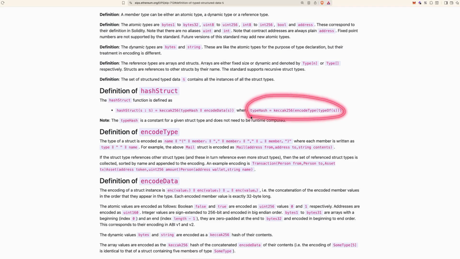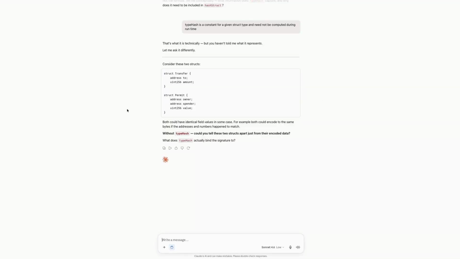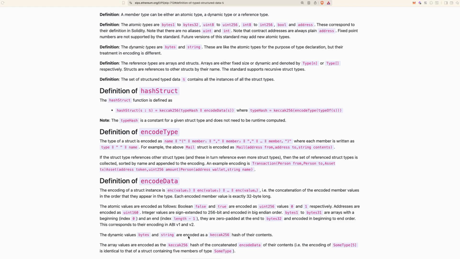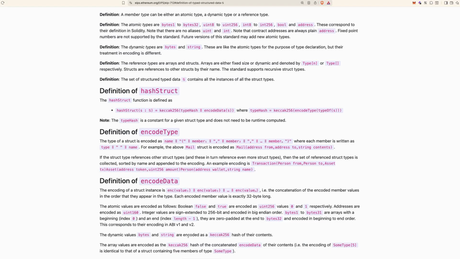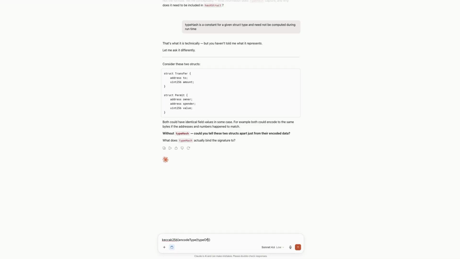TypeHash is equal to the keccak256 hash of encodeType of the type of s. So what typeHash basically does is it calculates the keccak256 hash of encodeType, then at last the type of s.